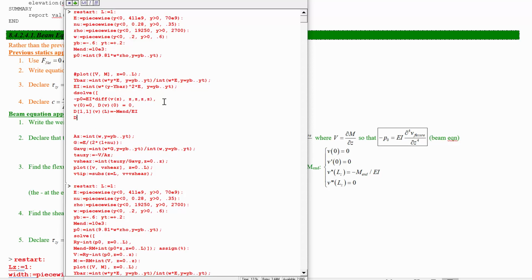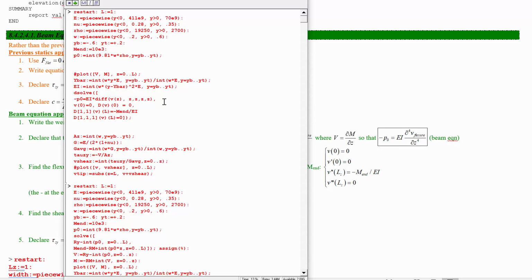And we have the third derivative at the end, because there's no shear force, is 0. So this should be giving us the solution to this system.